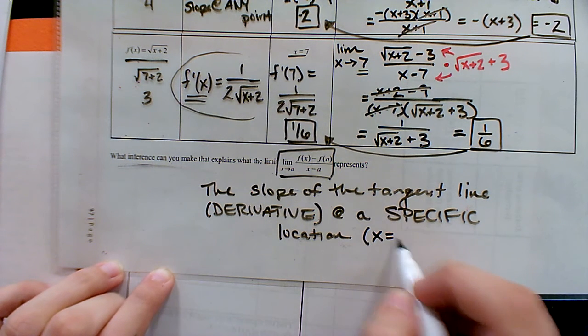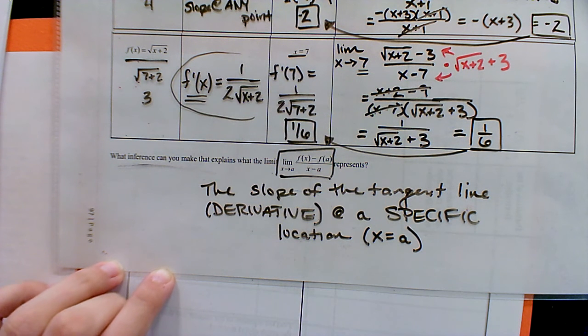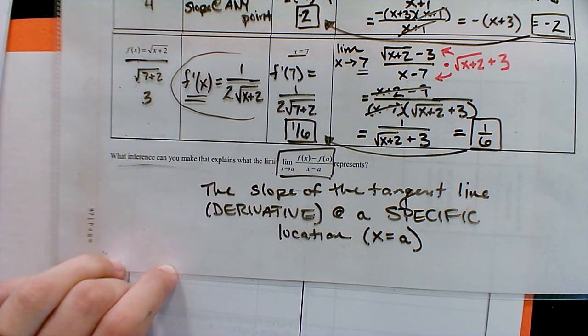Okay, you have some x value that you are trying to find the slope at. So it's slightly different than the one we were using yesterday. It's still a derivative, but it's just a different limit to help you find it.